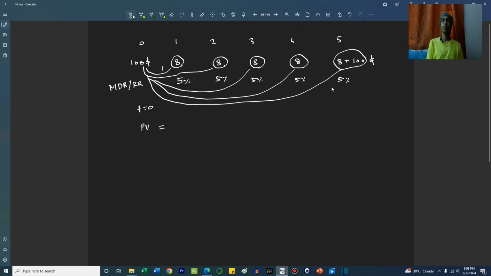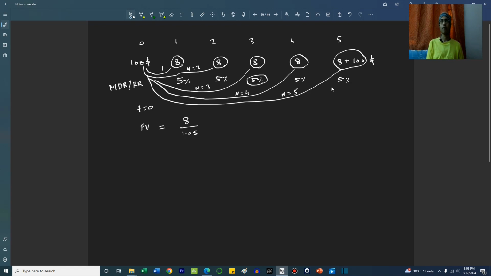This is 1 period, this is 2 periods, this is 3 periods, this is 4 periods, this is 5 periods. So we find the present value by summing up their individual discounted present values, discounted by the market discount rate, the 5%. So let us do it.